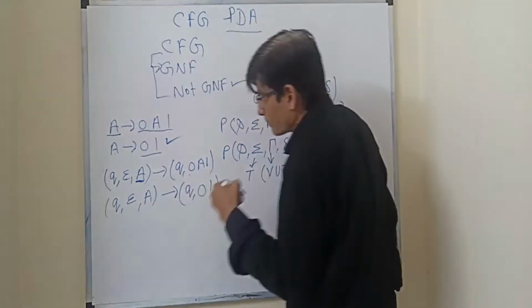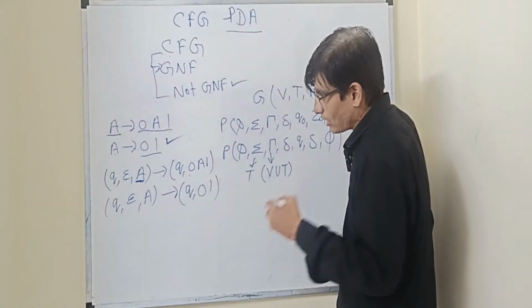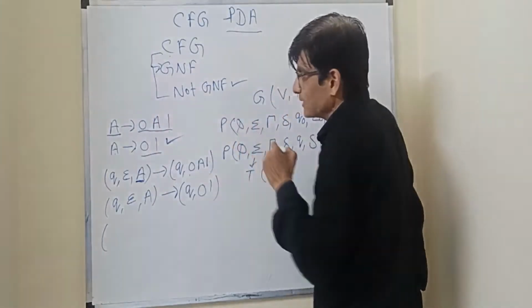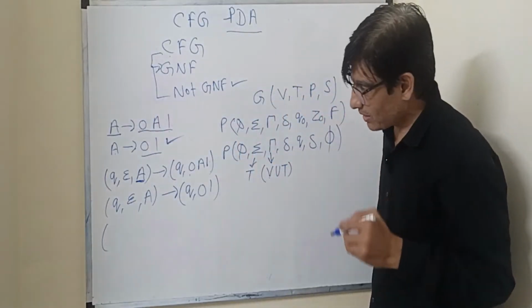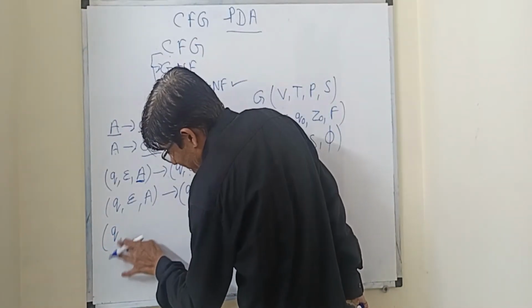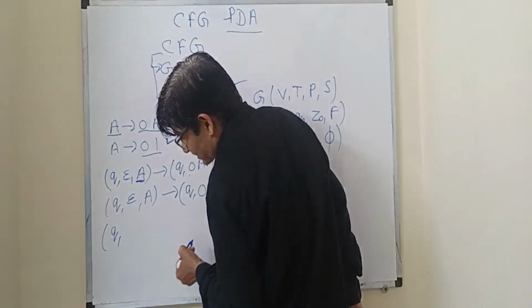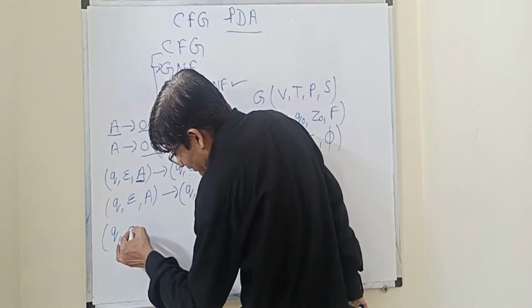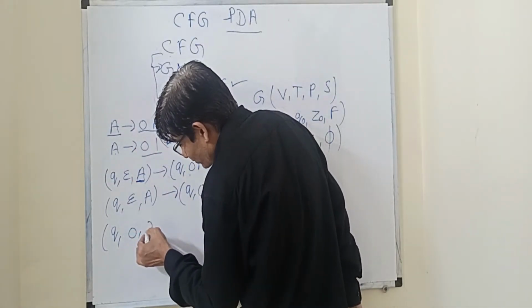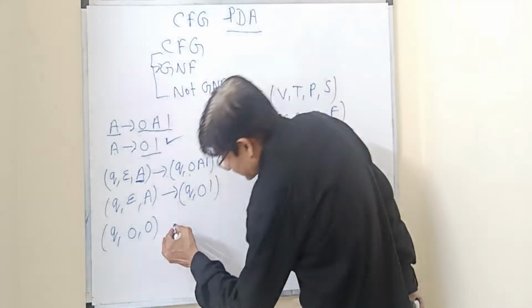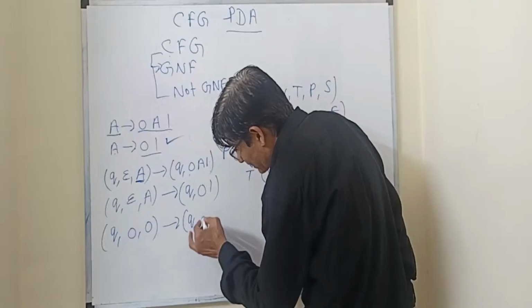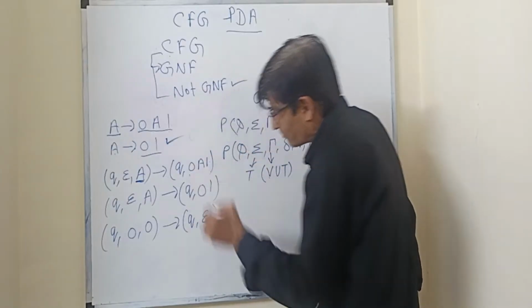Now there are some more transitions to be written, like how we are going to write these. All input symbols, all terminals of the grammar, will be used there, as a very simple transition. The current state is always Q, and this is 0, so 0, and 0 would be the stack top, and then we will stay in Q itself, and we will pop the element from the stack.